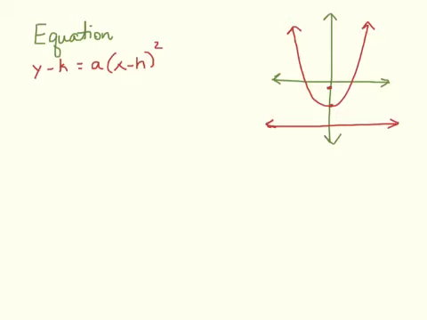Now, what determines whether it opens up or down is whether a is positive or negative. If a is positive, it opens up. It looks like a cup, like this example I have here. And if it's negative, your parabola is going to open down.